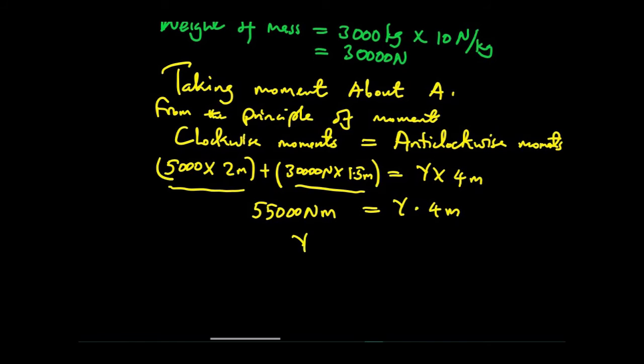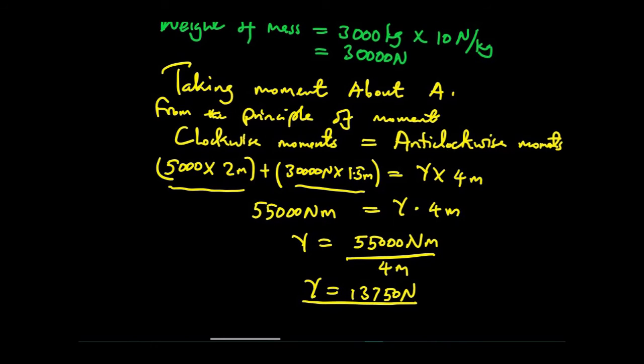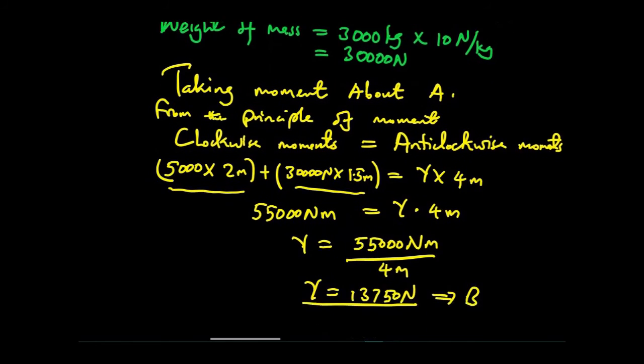Therefore y will be equal to 55,000 Newton meter divided by 4 meter. So once you divide here, you get y equals 13,750 Newton. So this will be the thrust at point B.